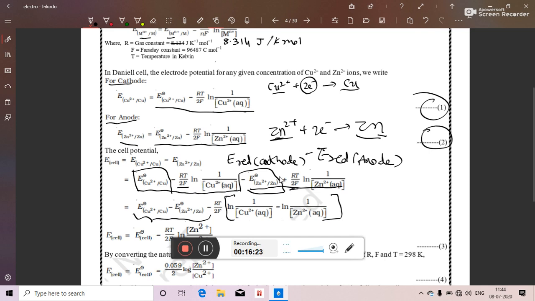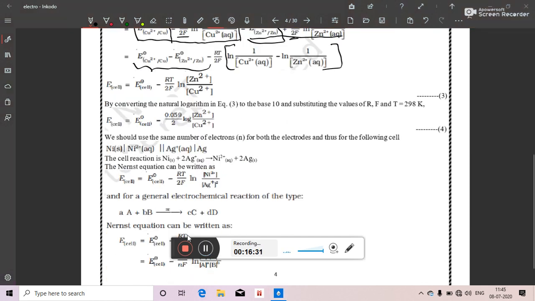Now this plus will become minus inside the bracket, so natural log of 1 upon Zn2+. So E cell will be equal to, now these two standard terms together form E° cell, so E cell equals E° cell minus RT upon 2F natural log of, now here subtraction is there between the two terms, so division will be there, natural log of Zn2+ upon Cu2+. Let us take it as equation number 3.